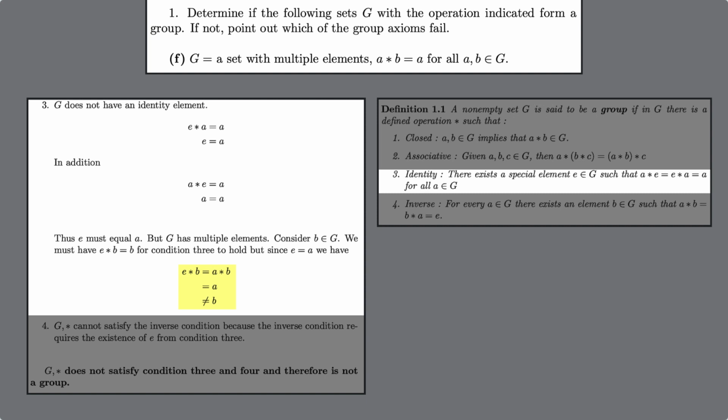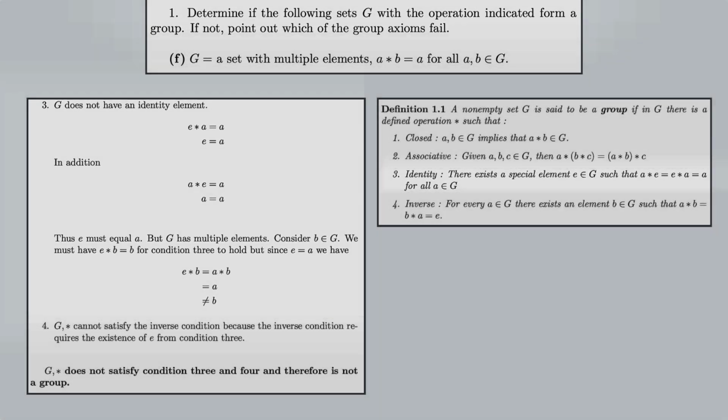Here we highlight that E star B equals A star B, which equals A, and that doesn't equal B. So our suspicions were correct, right? We were suspicious when the identity element depended on which element you gave me, and then we found a quick counterexample here that E star B does not equal B. So we conclude that there's no identity element, and condition 3 fails.